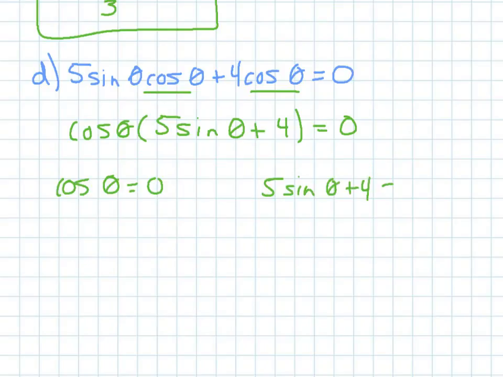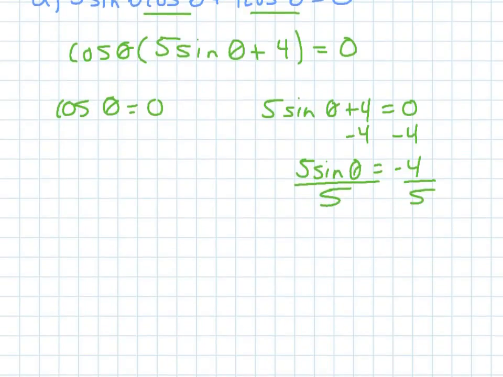And then solve. The first one, cosine theta equals 0, is already done. For the other one, I need to subtract 4 from both sides. Then subtract 4, divide by 5, sine of theta equals -4/5. Now where is cosine equal to 0 for your angle?